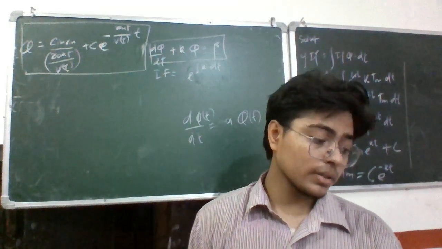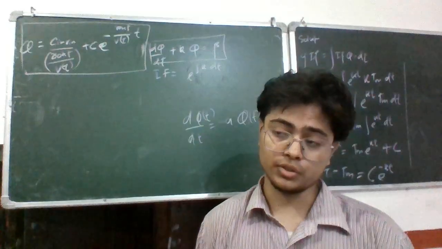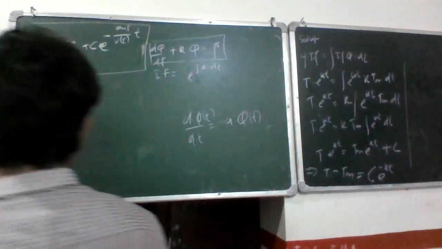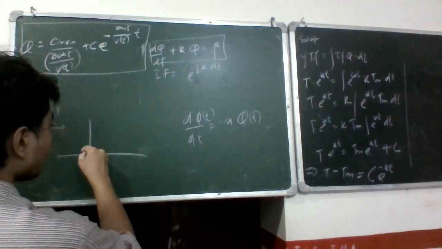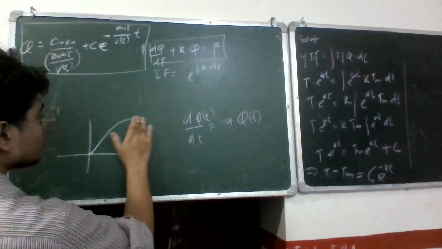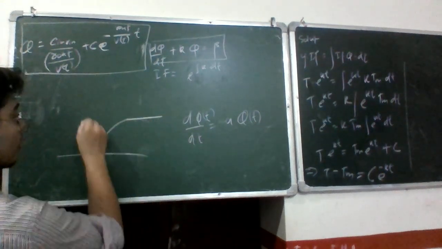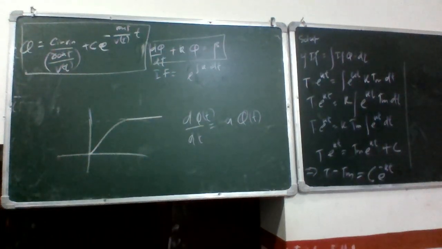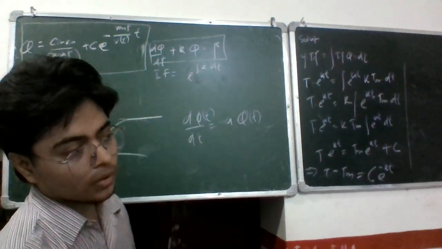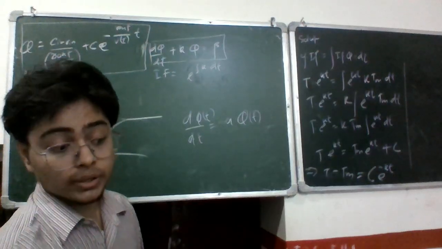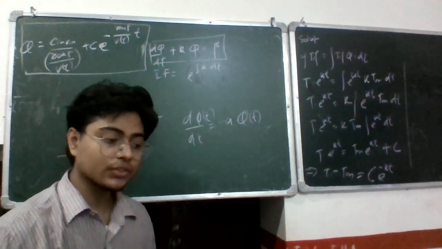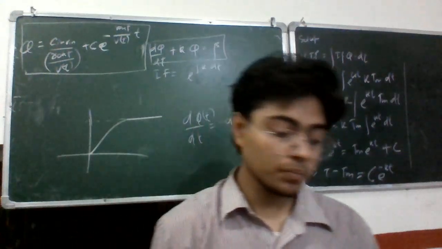But let's suppose the population growth is not exponential. Let's suppose it grows, but after a certain period of time it comes to a halt, something like a sigmoid function. Now this sigmoid kind of population is described by something called the logistic equation.